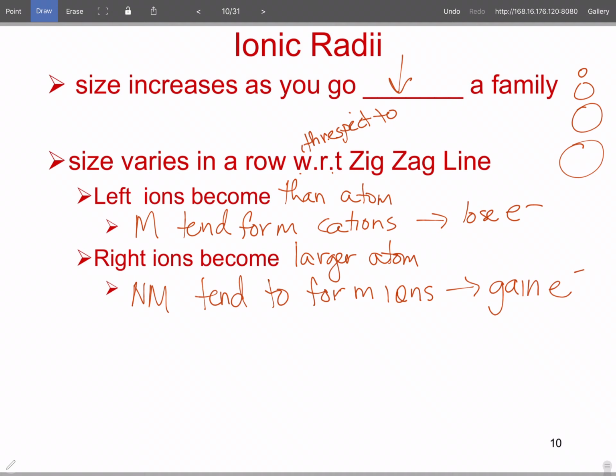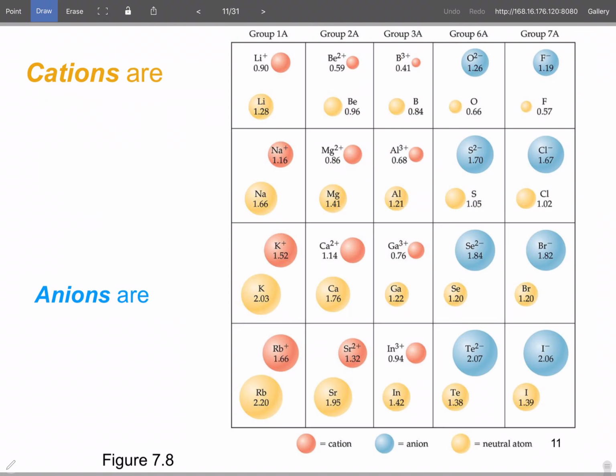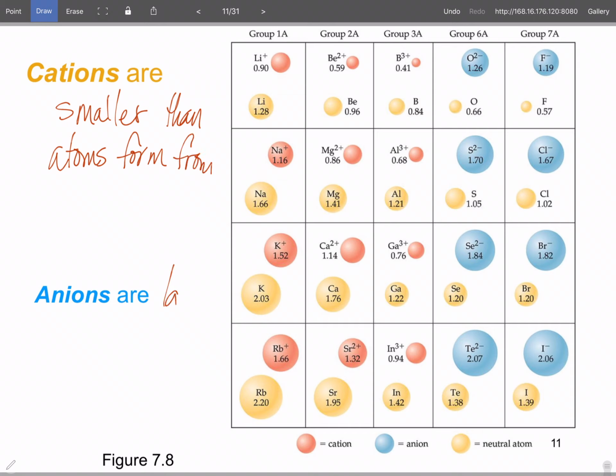So you're not matching 1 to 1. It's harder to keep up with them, so they tend to expand. So here, cations are smaller than the atoms they form from, whereas anions are larger than the atoms they form from.